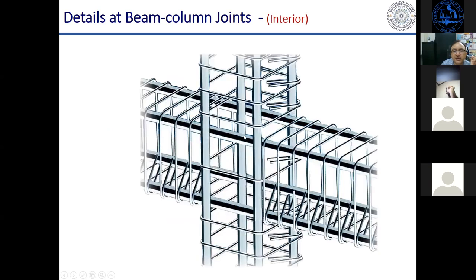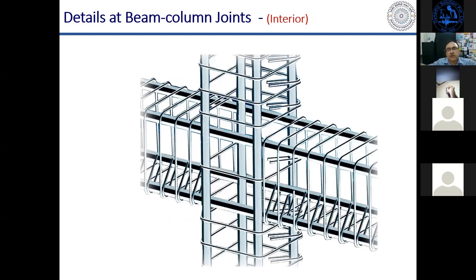Similarly, in case of an interior joint, this reinforcement is to be provided, but it can be reduced. The code says that this reinforcement can be reduced to half, or the spacing can be doubled, because here we have beams on all the sides of the column, and the confinement will come from these beams also.